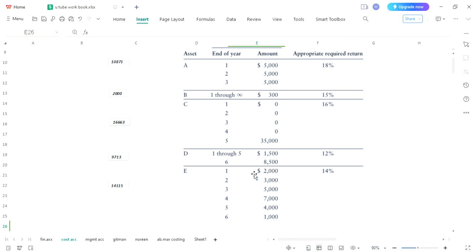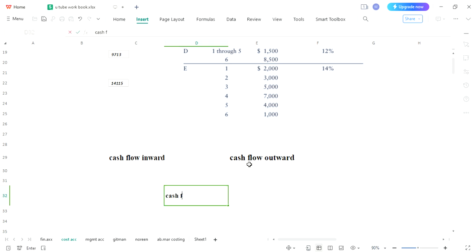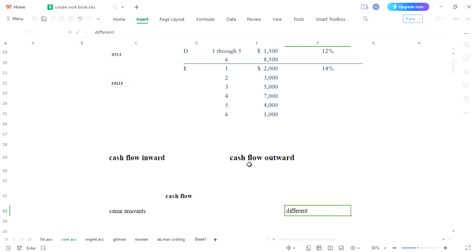So by observing it, we are learning that cash flows either have absolutely the same amount or different amounts. These would be two categories. Cash flow, whatever it is, inward or outward, is having the same amounts or different amounts.